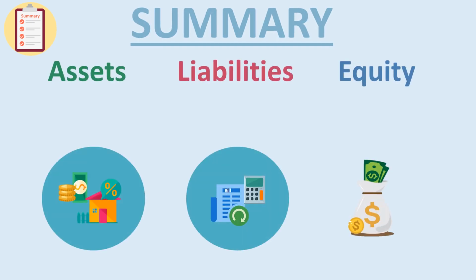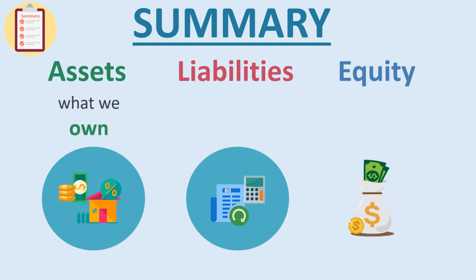So in summary, in this first video, we have defined the three key terms of financial accounting: assets, liabilities, and equity. Assets are things that we own: cash, financial investments, real estate, or whatever is valuable and whatever can be sold for cash. Liabilities, on the other hand, mean an amount that we owe to somebody.